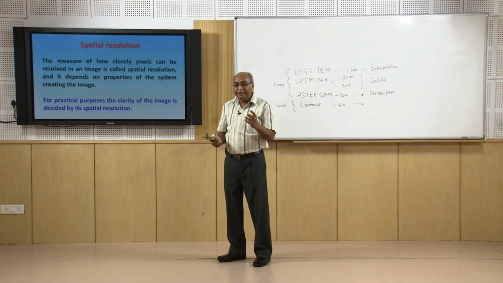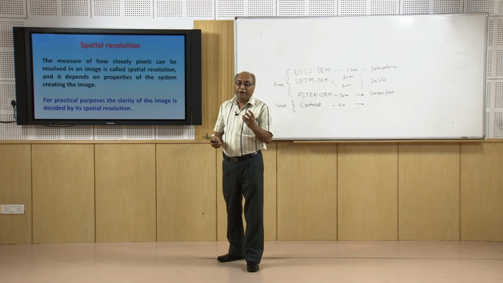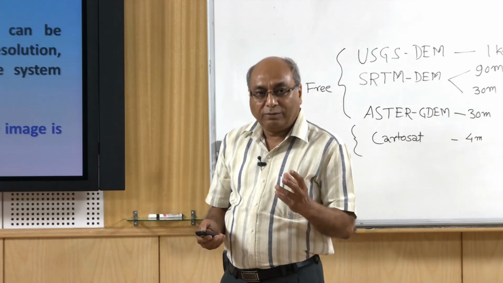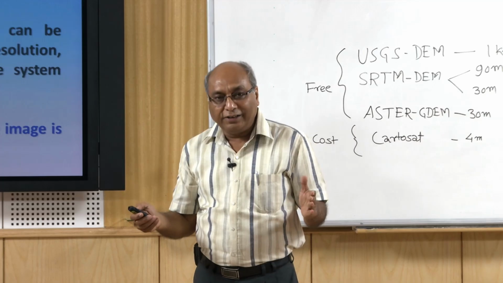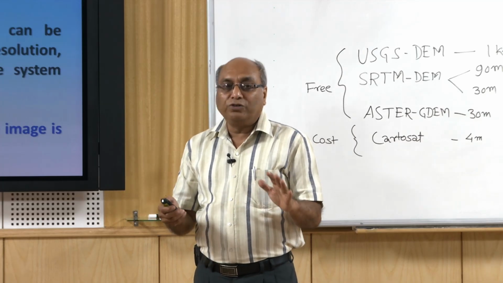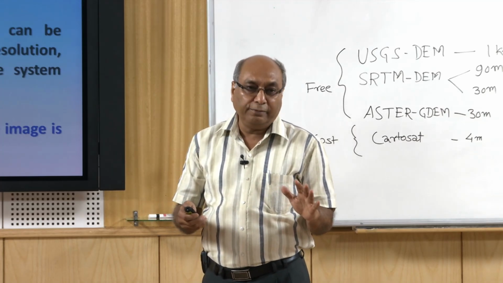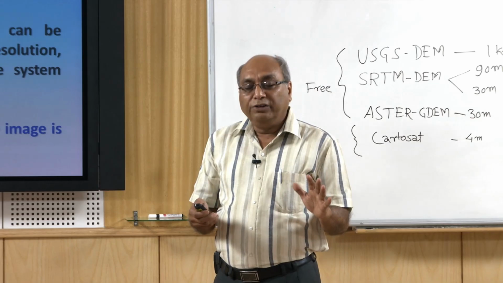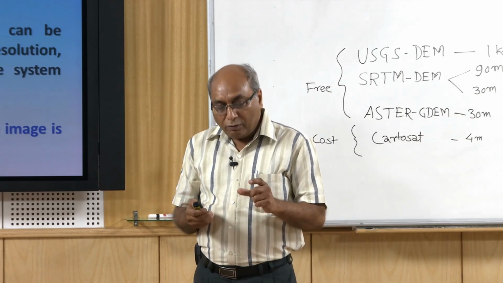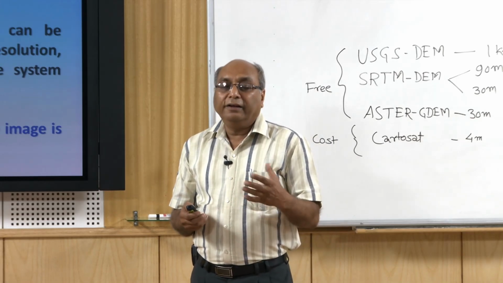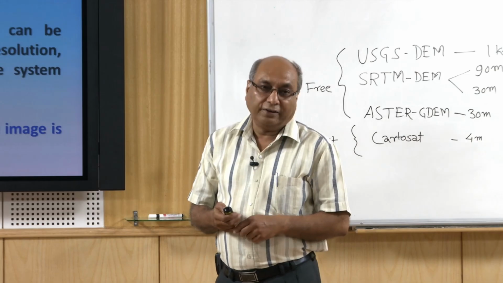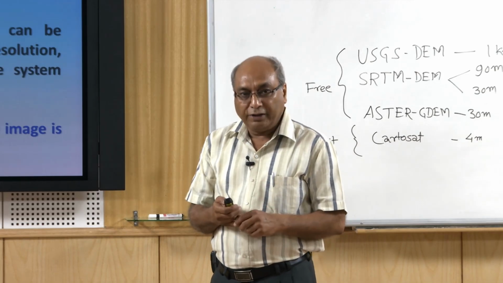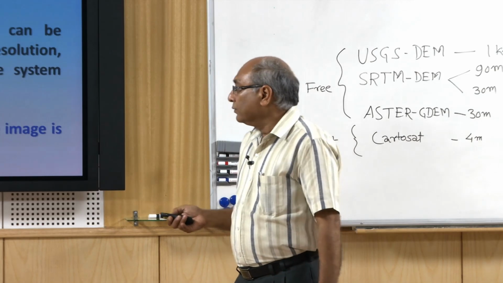Now it basically depends on for what purpose you want a digital elevation model. If you are going to cover a large area, then a relatively coarser spatial resolution digital elevation model will be sufficient. But if you are working on a small area, then one should go for a higher spatial resolution DEM, because the area of coverage is going to be less.